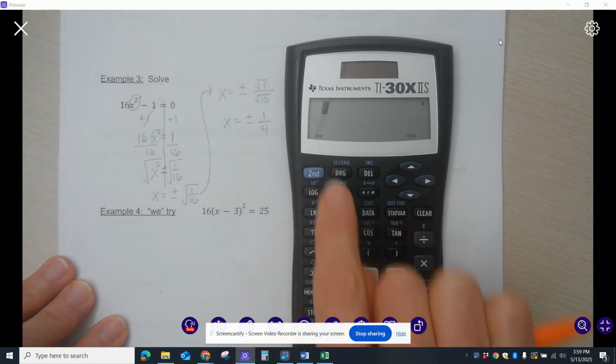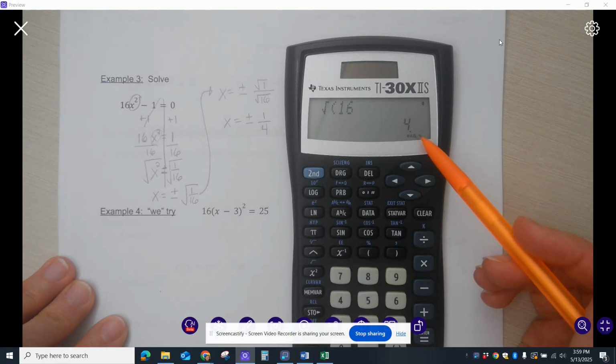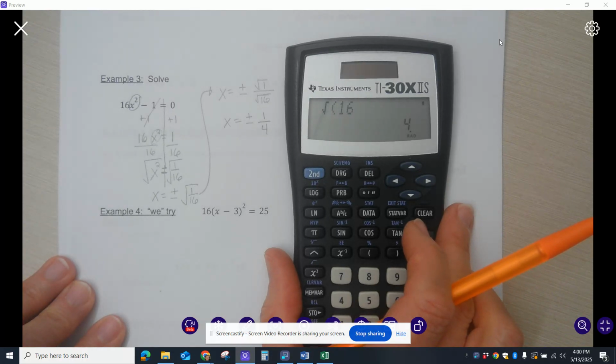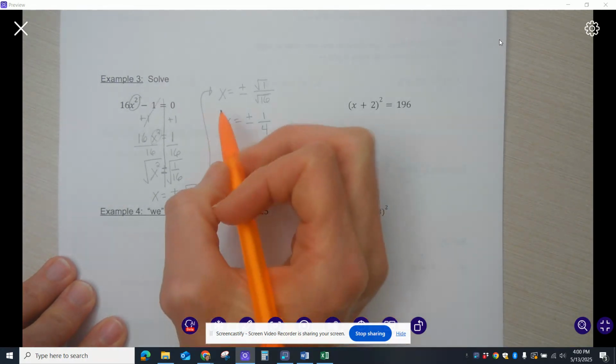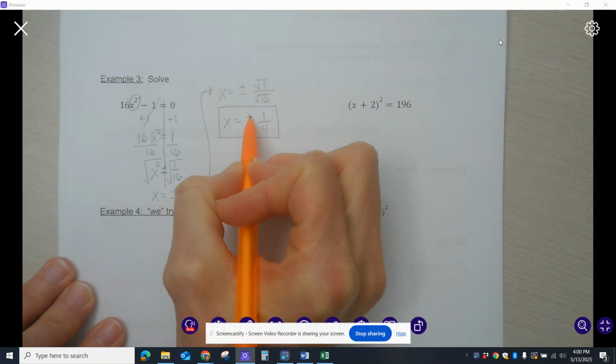And if I do second x squared, there's my square root symbol, 16, I get a 4. So that tells me it's a perfect square. Remember, if you get a decimal, then it's not a perfect square, and I would do my jailbreak. But this one is a perfect square.